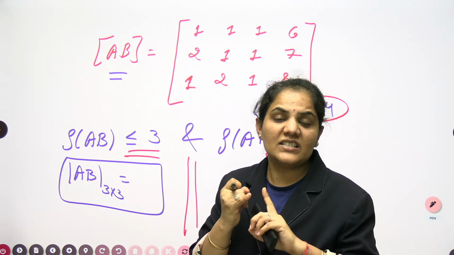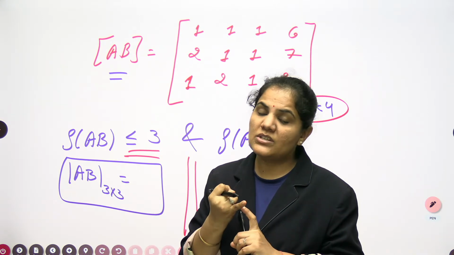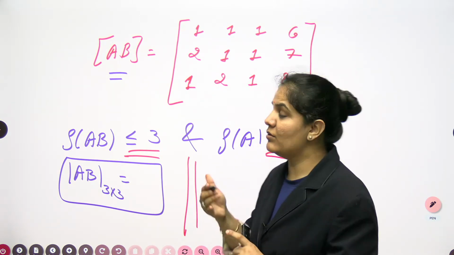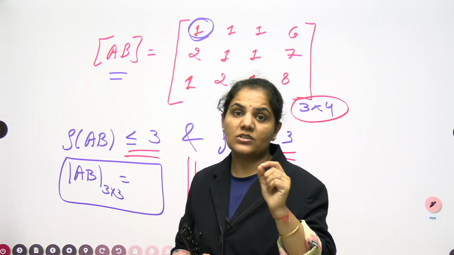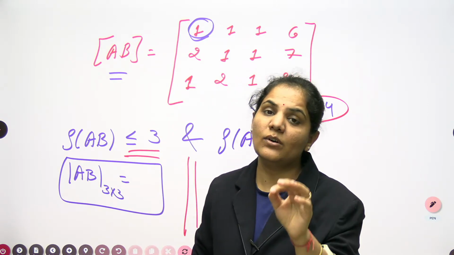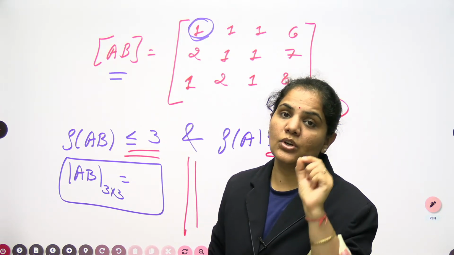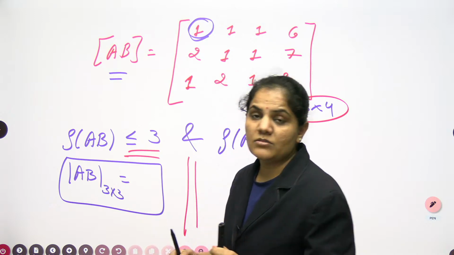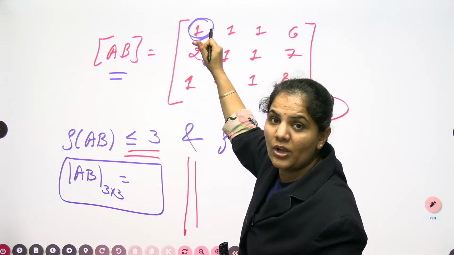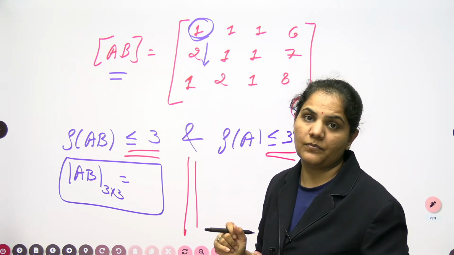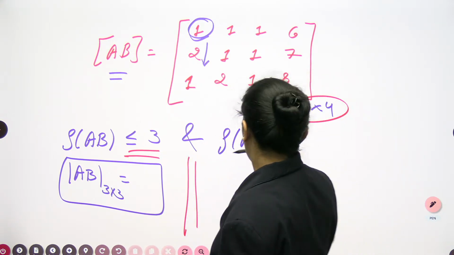Whenever your question is of linear system of equations, or your question is of rank of matrix, and in that particular matrix you have the very first element as 1, you should always try to use row transformation there, because my motive will be, whenever my very first element is 1, to make all the elements below this 1 equal to 0. That should be my motive. So here also I want to use the same thing.